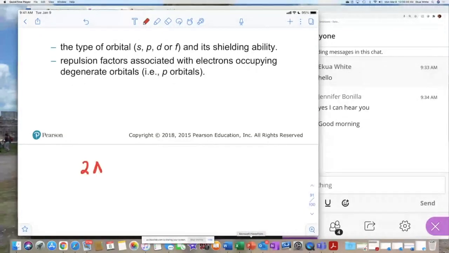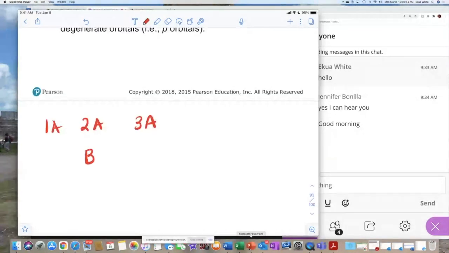On the periodic table, you have 1A, 2A, 3A. These are the group numbers there. So when they say 2A to 3A, I'm going to use period 2, because period 2 has all these elements. Lithium, beryllium, and then boron. Let me write boron on the right side so y'all can see 3A is actually here, right?